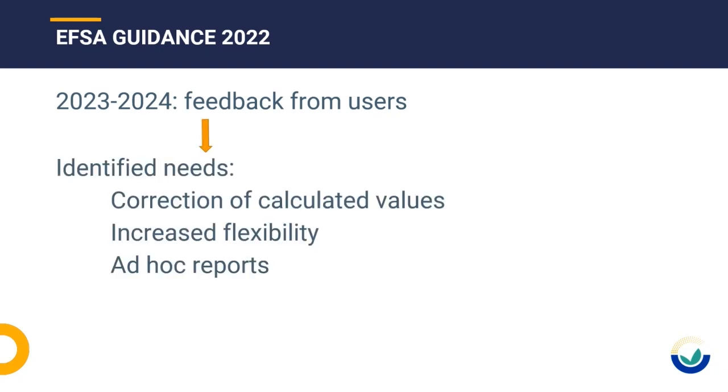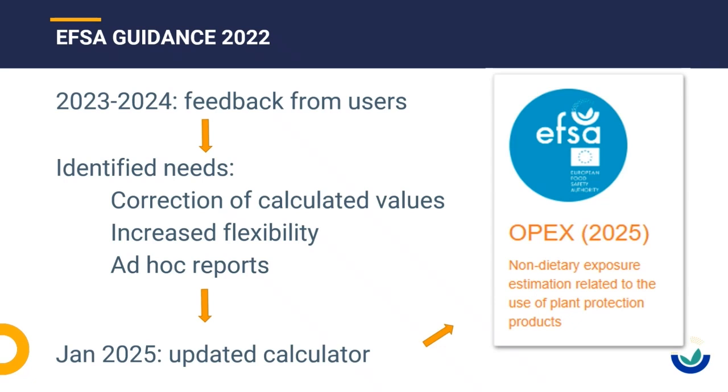On this basis, EFSA identified the need for a more important update of the calculator. This update would include corrections of calculated values, generation of ad hoc reports, and also increased flexibility for the needs of the users. As a result, in January 2025, the updated calculator was made publicly available on the online platform.